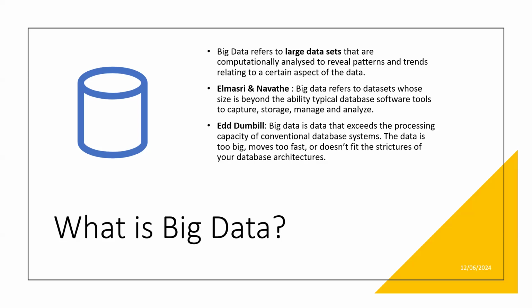The traditional architecture, for example what we have discussed so far, is a relational database architecture where we have related tables and a fixed set of columns. If your traditional databases couldn't handle the requirements for the new data, then we can call it big data.